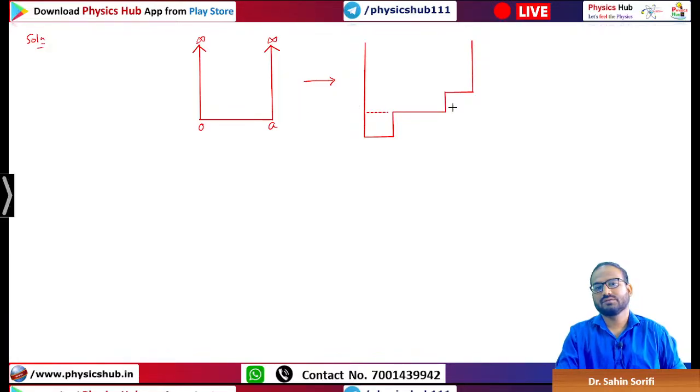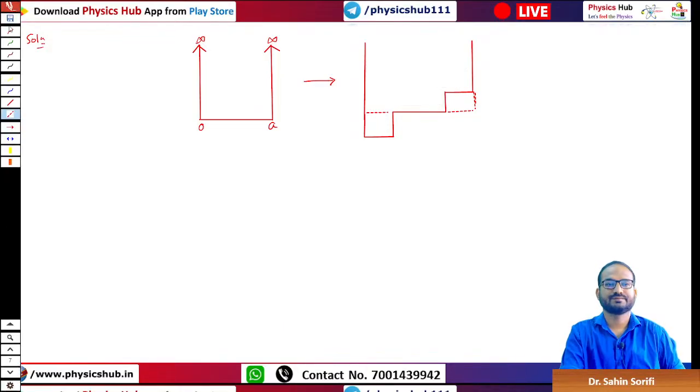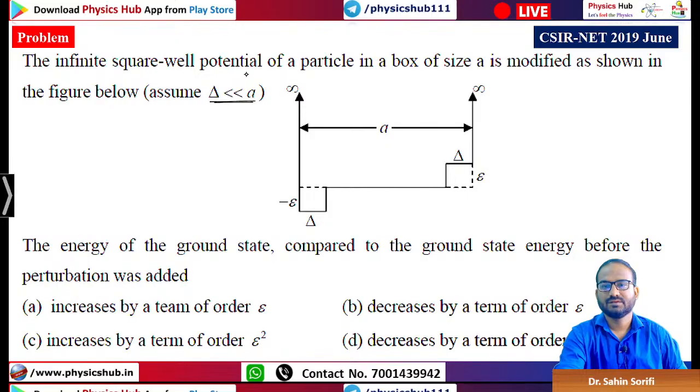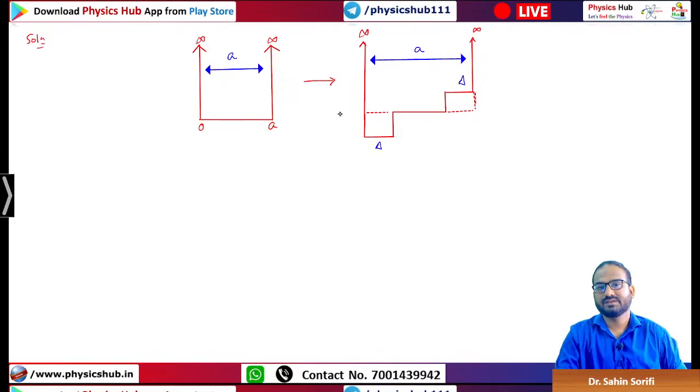Look, although the dimensions are not looking the same, you have to imagine. This width and this width are the same. For the sake of argument, just know this is A, this is A. This perturbation has been applied for a delta amount. This is minus epsilon, this is plus epsilon. Got the picture?